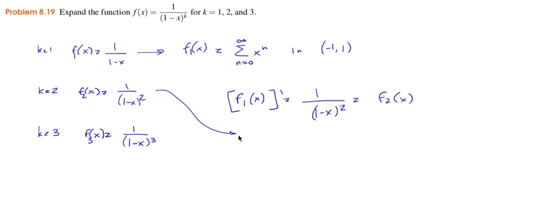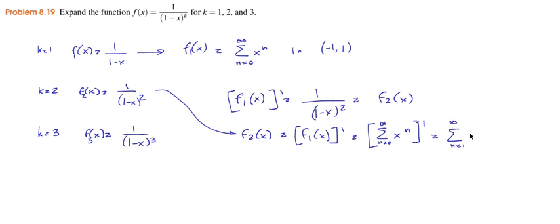So the series for f2 is just the derivative of the series of f1. If you compute this term by term, you get the sum from n equals 1 to infinity of n times x to the n minus 1. Again, the radius of convergence is the same, minus 1, 1. This is what the theorem about derivatives says.